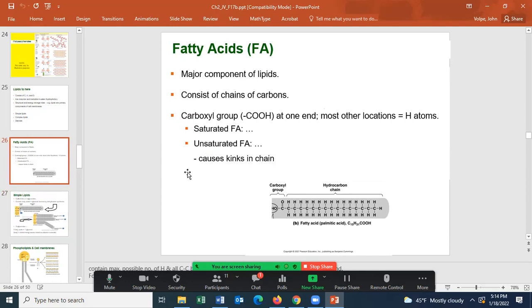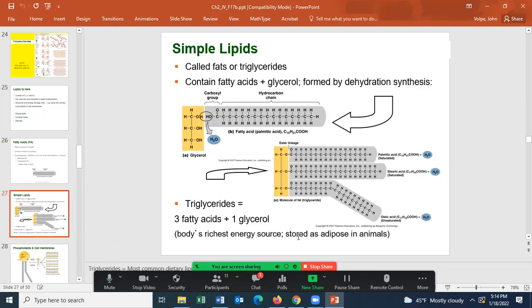So fatty acids can be saturated, and that means it's a single carbon link. All the hydrogens that are possible are attached to the carbon, or it can be an unsaturated fatty acid, and that has a double carbon bond, meaning 2 covalent bonds between the carbons. And wherever that happens, there's a kink in the chain. Let me blow this up.